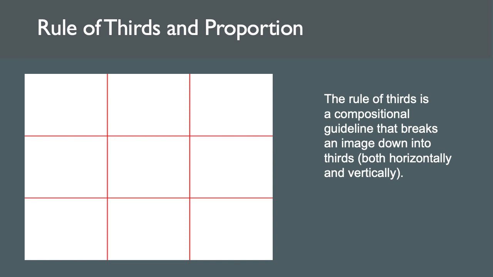Proportion in art has been examined for thousands of years, long before photography was invented. One proportion that is often cited occurring frequently in design is the golden mean or golden ratio, which originated in Greek culture. Horizontal or vertical formats are acceptable for rule of thirds.